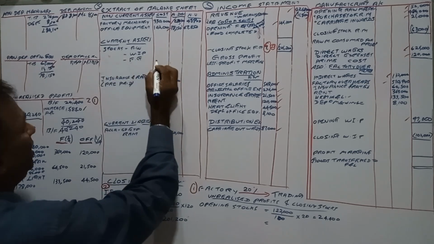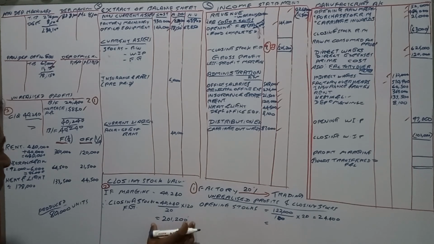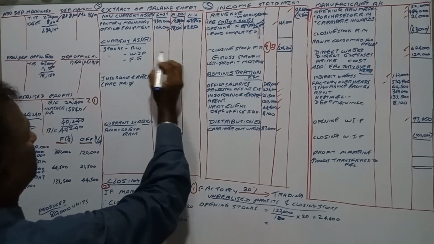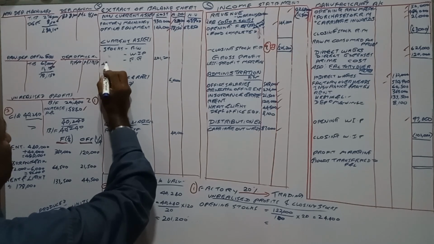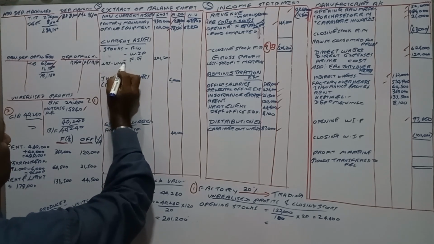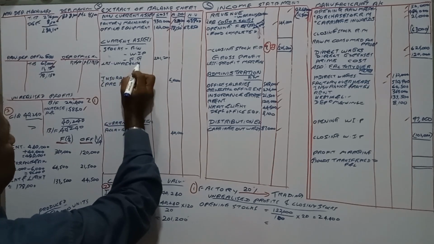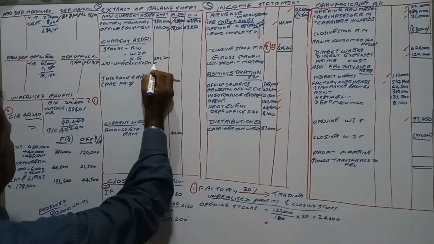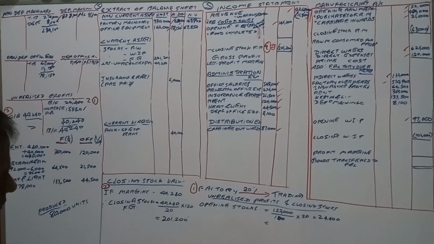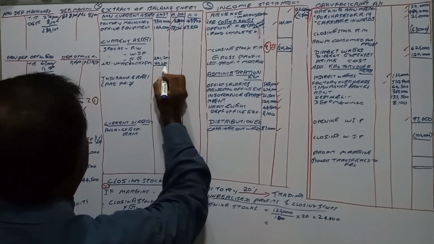Here finished goods we have taken 201,200 less unrealized profit 40,240, right? Understood?